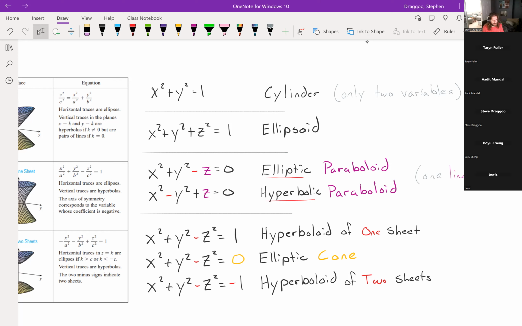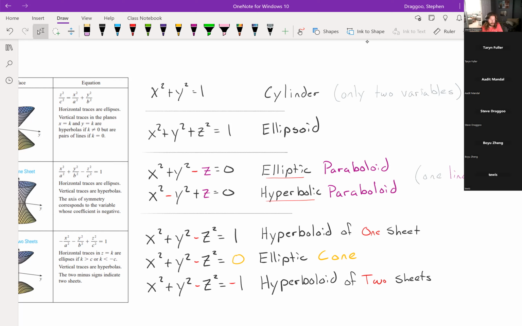I have y, which is a linear term, equal to x squared, which is a quadratic term, and that's our base equation for a parabola. So in 3-space, all of our paraboloids are also going to contain a linear term. So if it's got a linear term, it's a paraboloid, and if it doesn't have a linear term, it'll be something else. So for just quick identification, if you see a linear term, it's going to be a paraboloid.